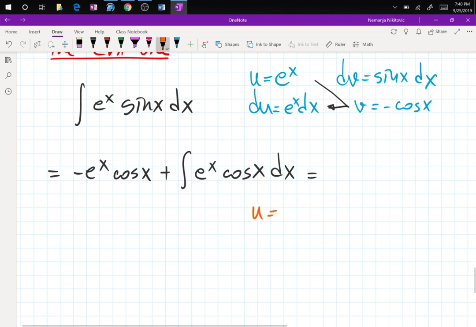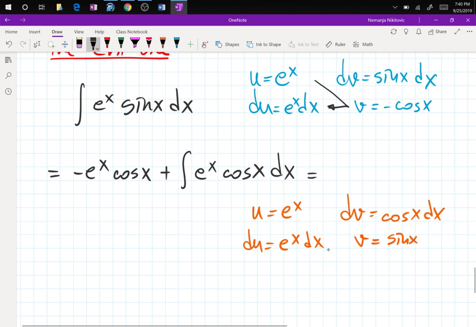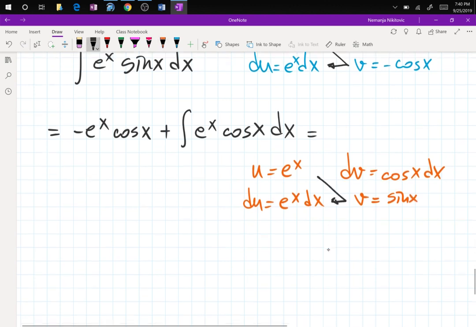It's okay. u equals e to the x, dv equals cosine x dx, du equals e to the x dx, v equals sine x. And we put our little arrow here.